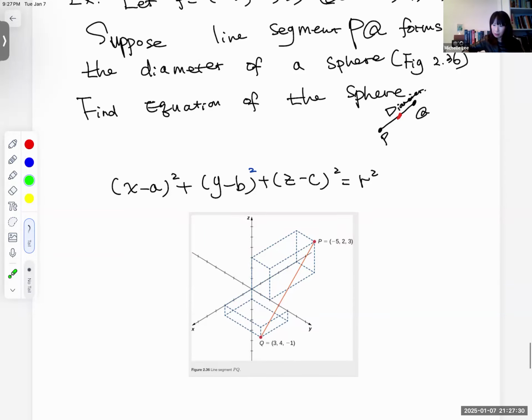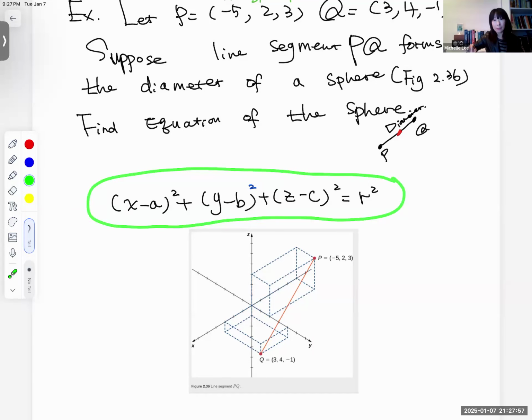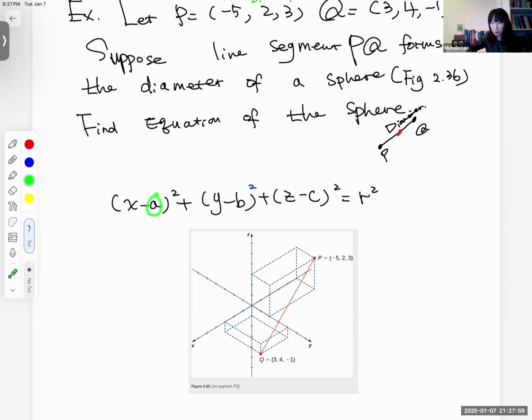This point P here, and Q from here, are the diameter of the sphere. Ooh, ugly sphere. Now we want to find the equation of the sphere, right? This is the standard equation of a sphere. Now we should know about the center, and then r, and r squared.